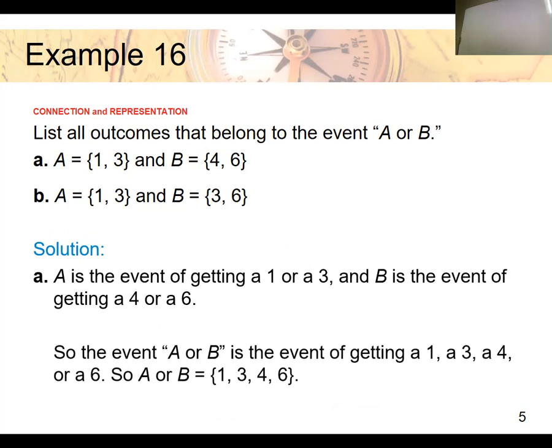So in this case here, the event A or B is just the event of getting a 1, a 3, a 4, or a 6. So we're just combining the two together. That's what or means. Actually, it's the union of the two. So we're just uniting the two, just joining the two together. So A or B would be 1, 3, 4, or 6. And that's the event of getting a 1, a 3, a 4, or 6.